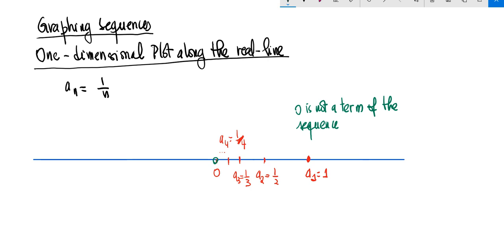We can also sometimes use a two-dimensional graph instead.